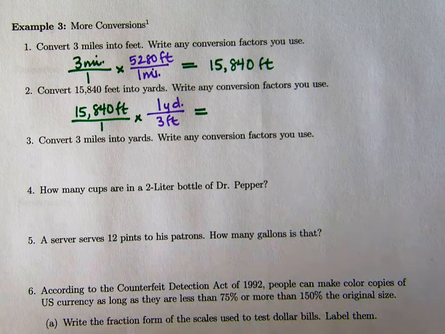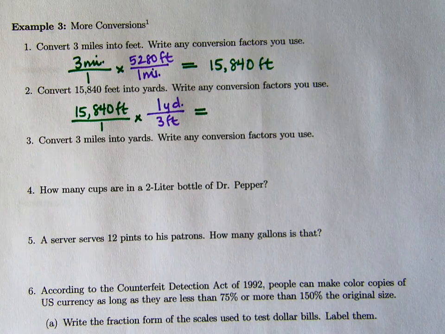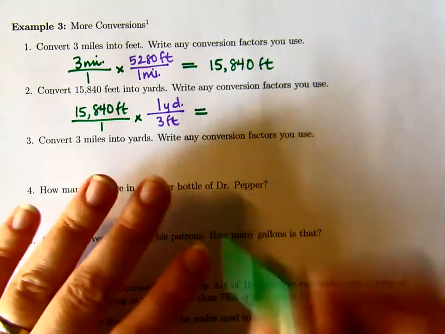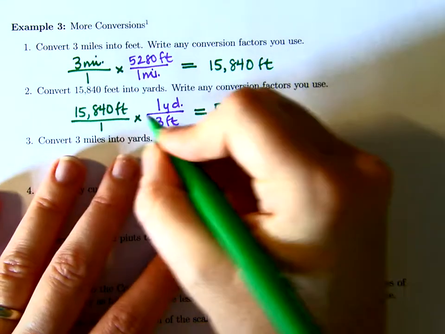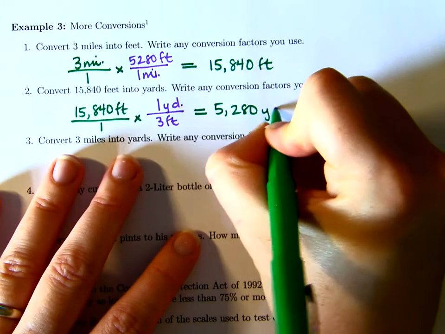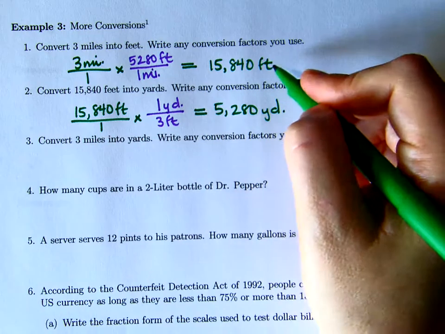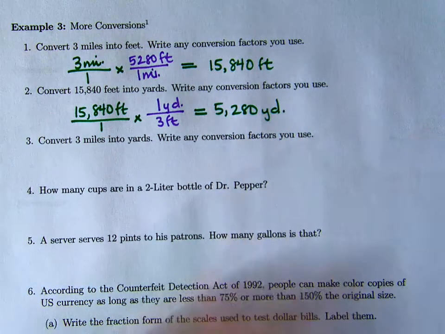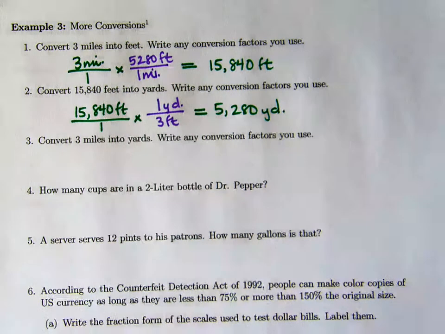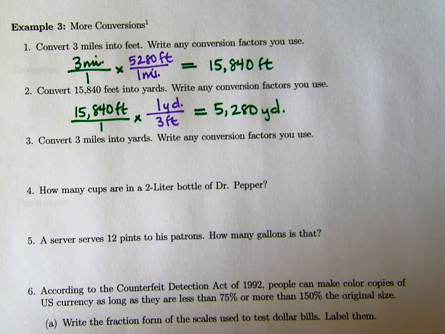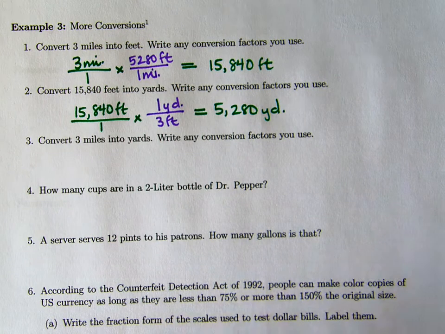Well, actually, if I divide by 3, I think I'm going to get 5,280. But my label is yards, not feet, because remember, 5,280 feet is yards, but I'm going to double check because I feel awkward about it. Yep.